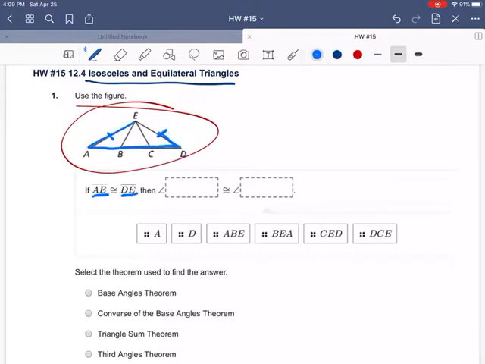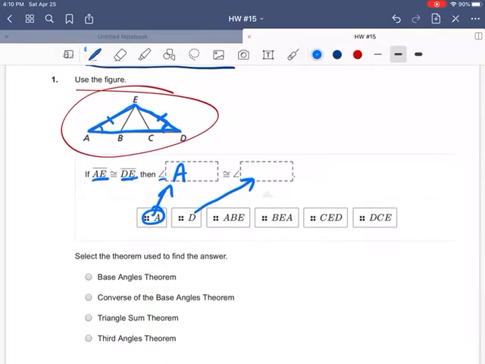So it's saying we have this big triangle here, it's isosceles, so then our base angles have to be the same as well. And that looks like it is angle A. Notice it already has the angle symbol for you, so you just need to drag this up into that. And angle D. And you don't need to say angle EAB on this one because there's only one angle A.